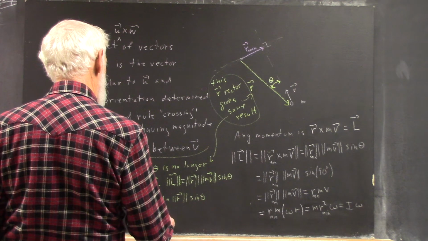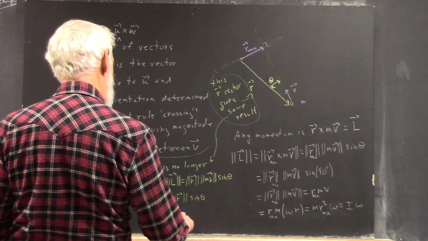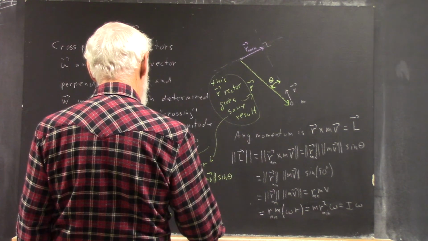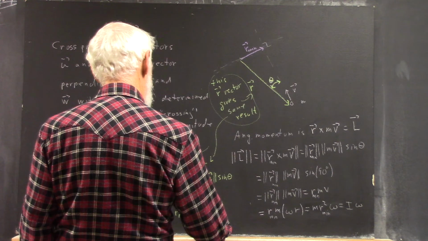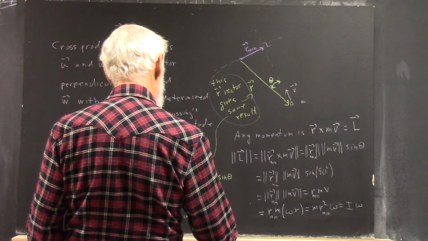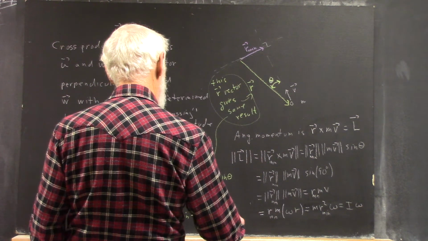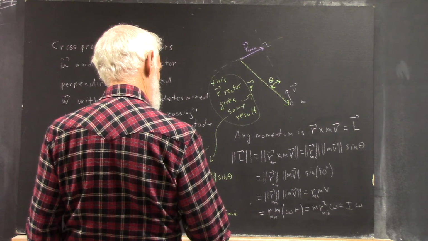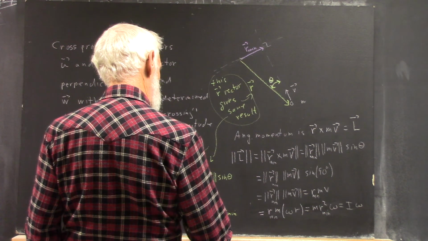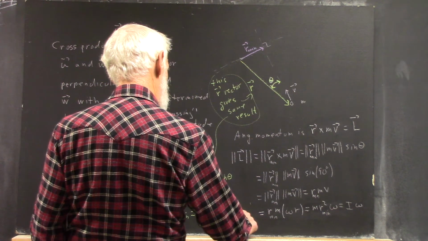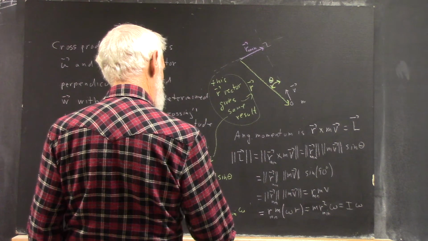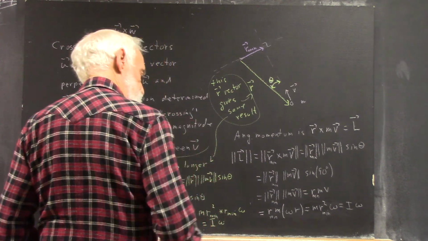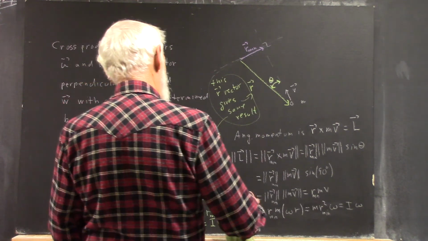So this equals the magnitude of mv times r min, which is just... I'm not going to go through the details of that.